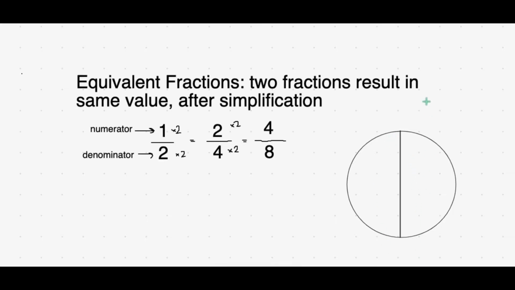So here we will have a diagram shown to represent this fraction, and we'll start with 1 over 2. Now 1 over 2 has two sides, as we've cut right here, and only one side would be filled in.